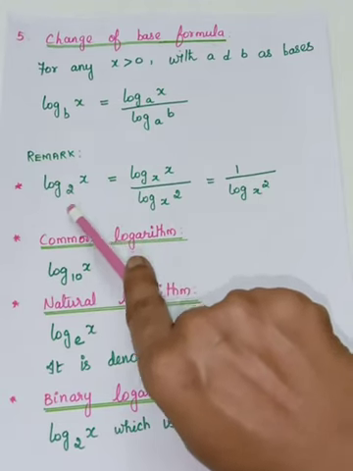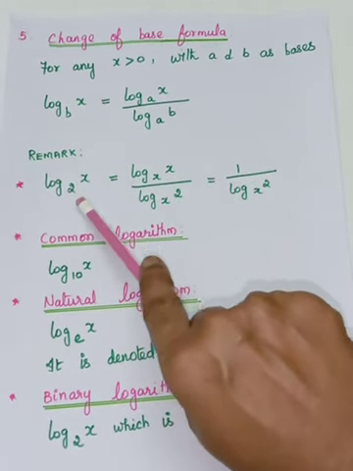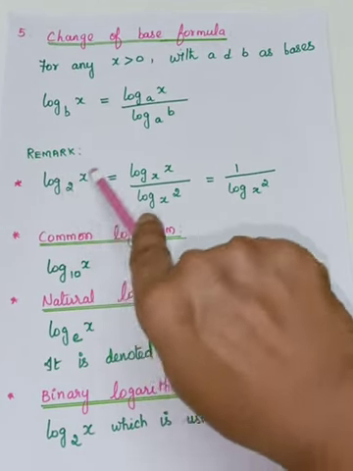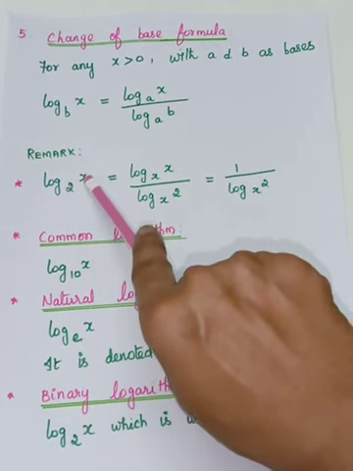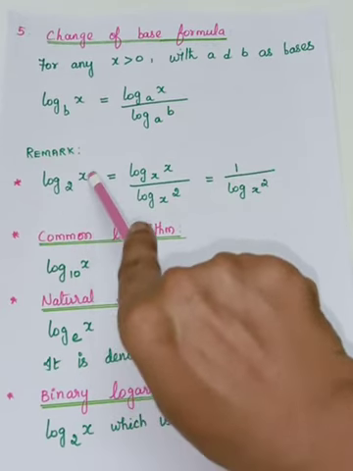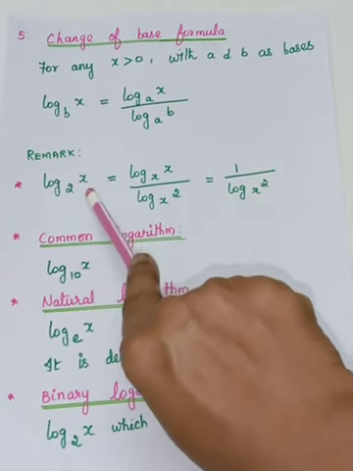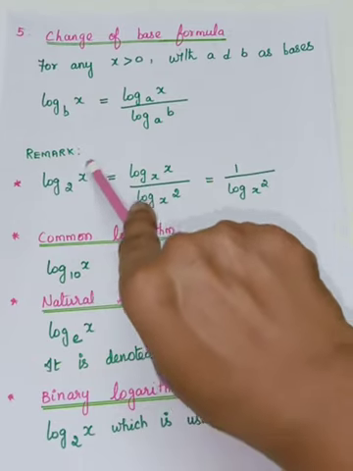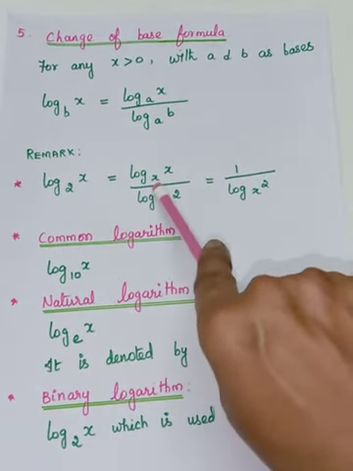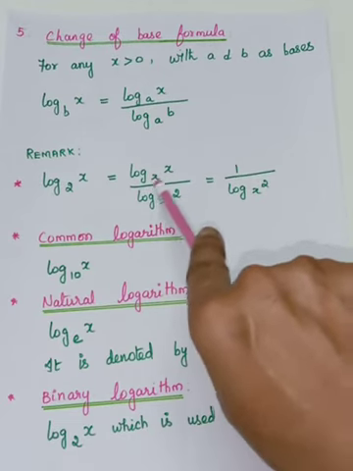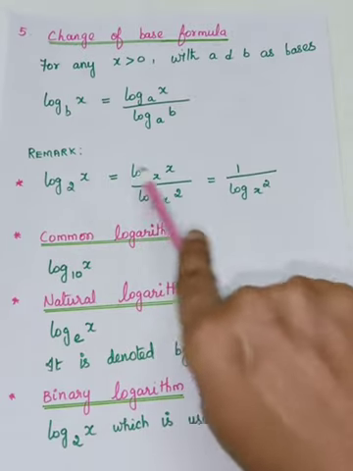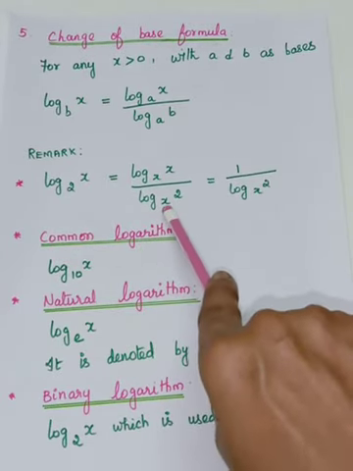Okay, now in this result you are going to change x as the base. So here just interchange. So it's a log function. Here the base is 2. So now you want to change the base to x. What do you have to do? Log whatever function you have here, x. What base do you want to change to? x. So log x to the base x divided by log of the old base 2 to the new base x.